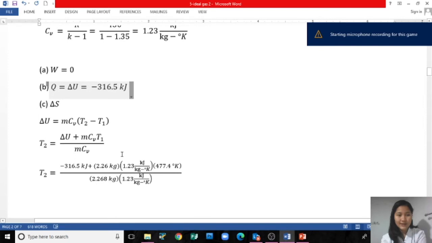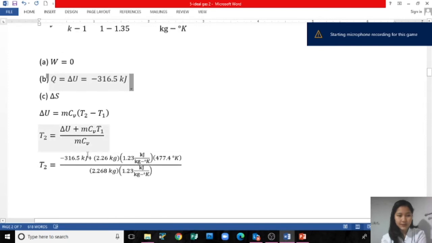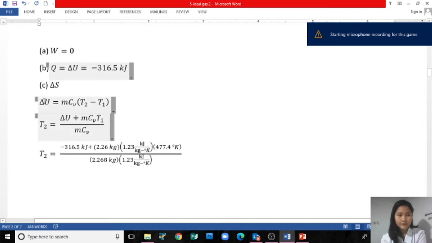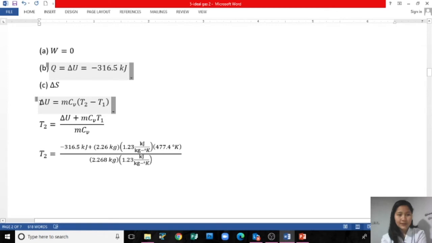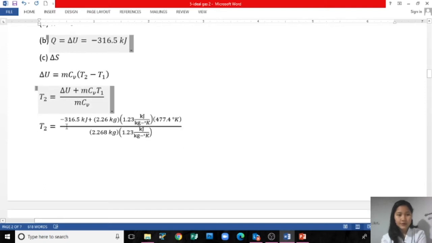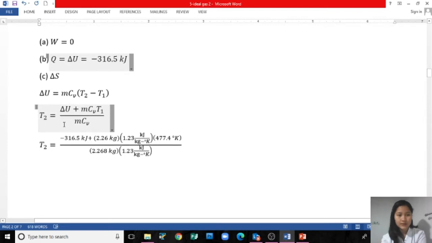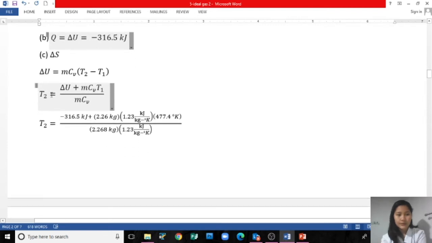Now for the delta S, or the entropy, we're going to use the formula delta U equal to mCV times delta T. To solve for T2 first, since we don't know T2 yet, we transform this formula.